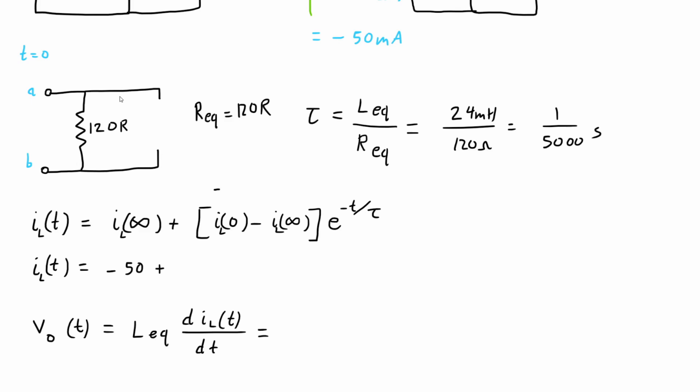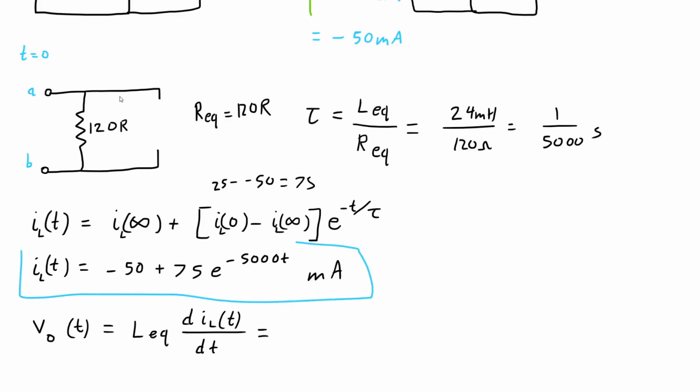So 25 minus 50 is 75. So plus 75 e to the minus t over tau, so minus 5,000 t. I'm going to leave it in milliamps because I don't want to write the order of magnitude. But it would also be 0.05 and so on. You're going to get what I mean.